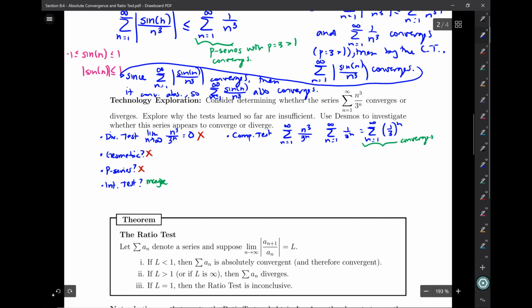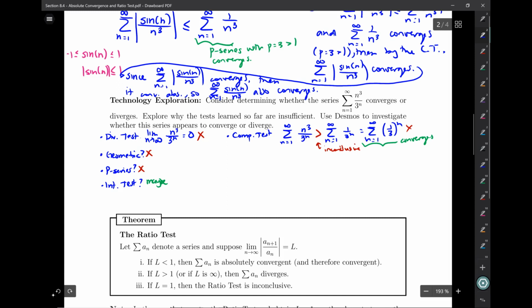But unfortunately, looking at the inequality sign, the n cubed in the numerator makes this series larger, and so this comparison test would be inconclusive. So that's not going to work.